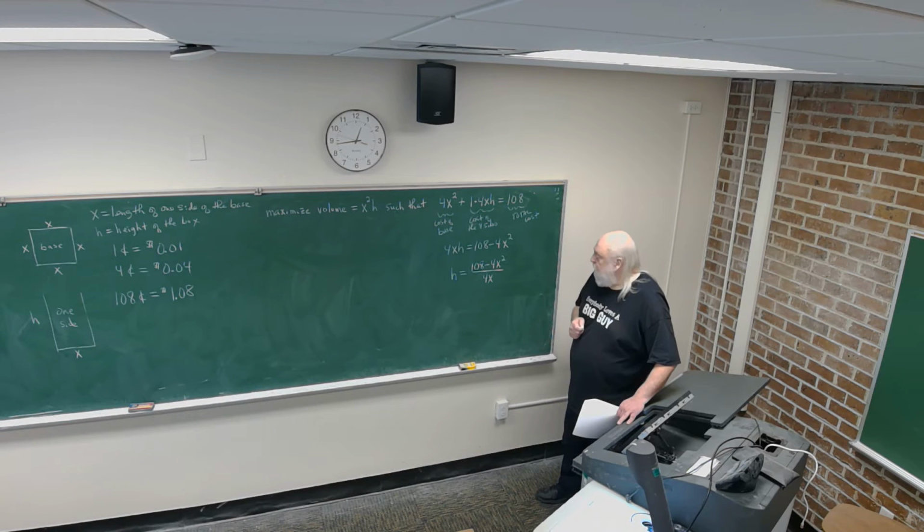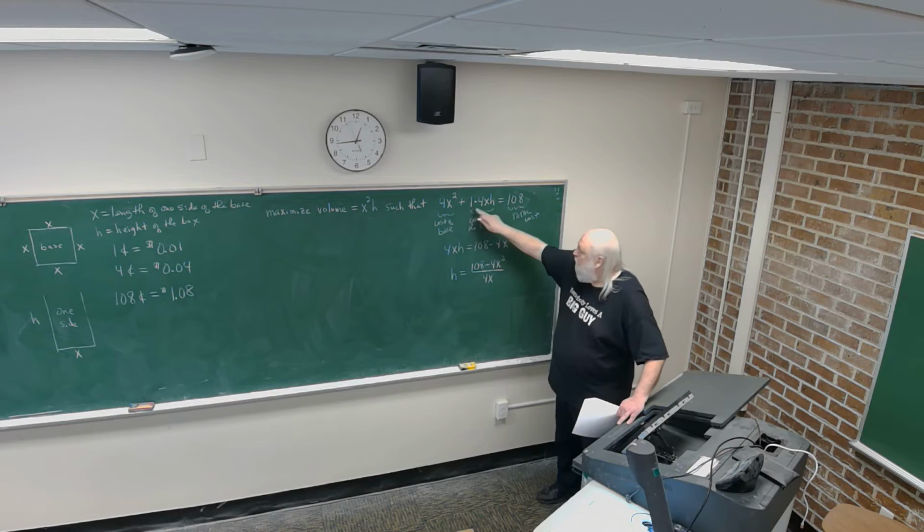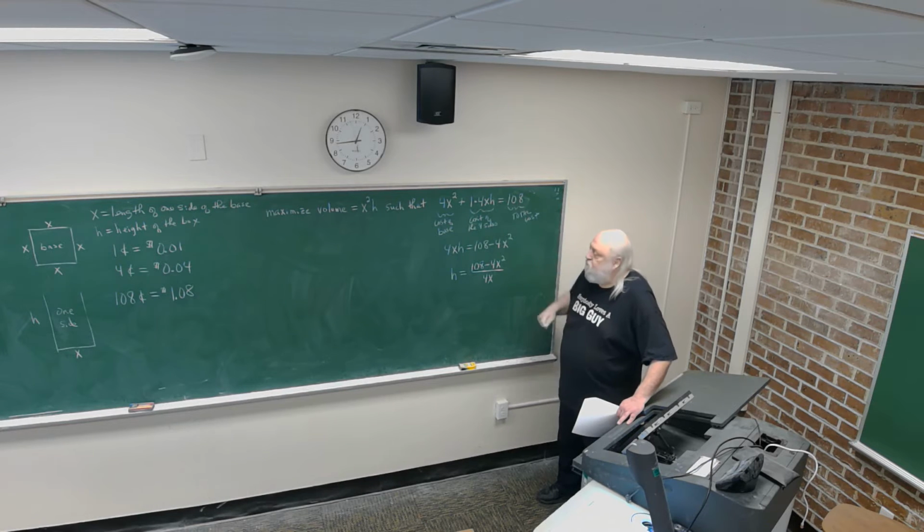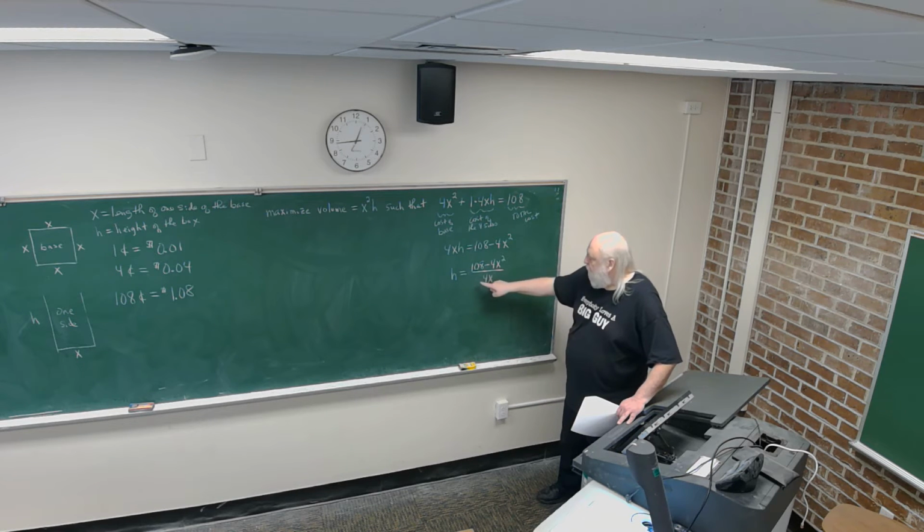Now, when I worked this problem in my office, what I did first is divide both sides by 4, because 108 is divisible by 4. So I can simplify what H is equal to by dividing 4 into 108 and 4 into 4.